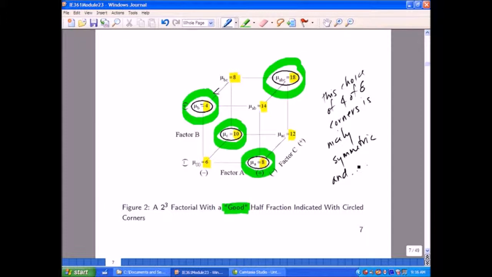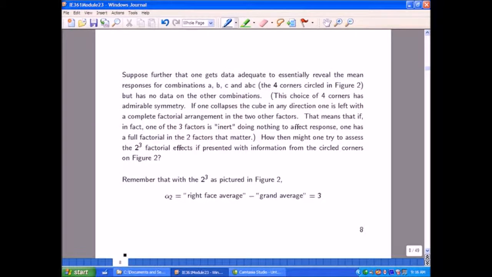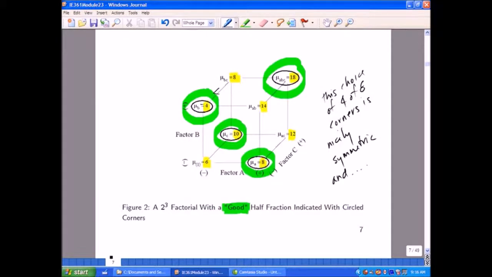And it has some other good properties that we'll talk about as we go along. Let's suppose that I get data from the 4 circled corners, and I want to think about what I could learn from data from those 4 circled corners.